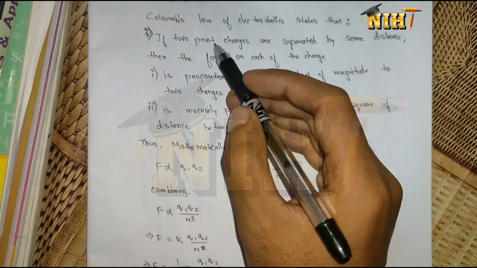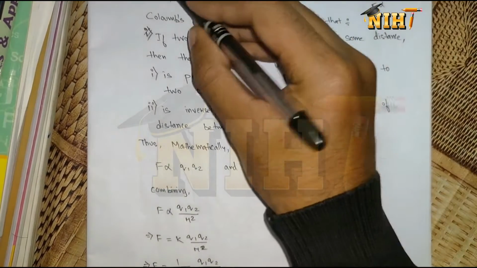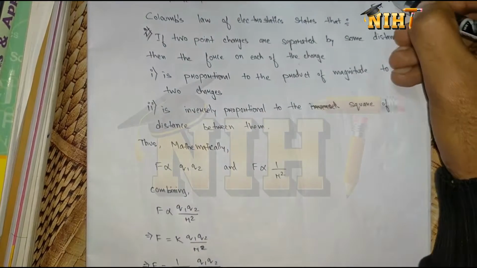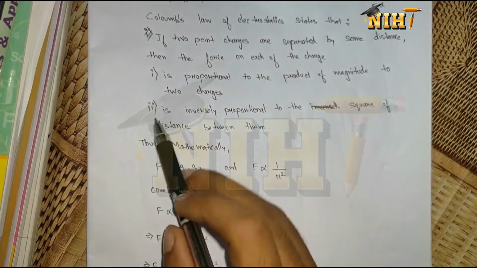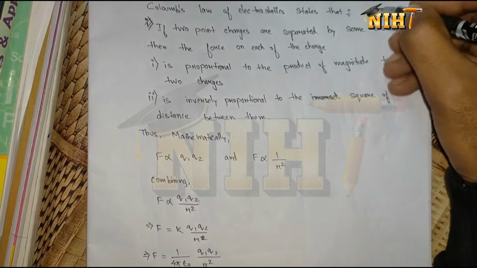So this force will be proportional to the product of charges. Product of charges will be nothing but q1 into q2, and secondly it is inversely proportional to the square of distance between them.